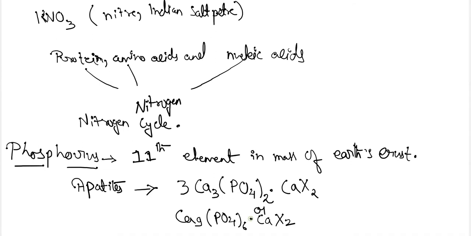Okay, these are the apatites, where X can be chlorine, fluorine, or hydroxide. So these are some of the important minerals for phosphorus.